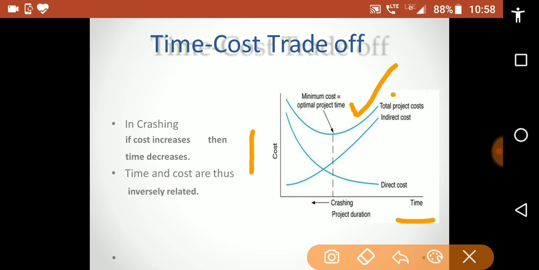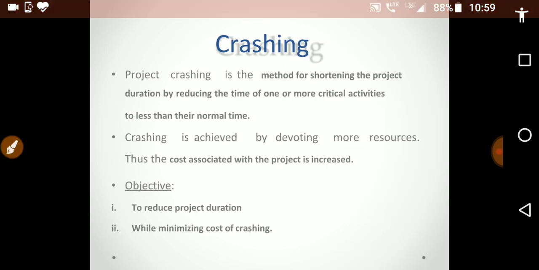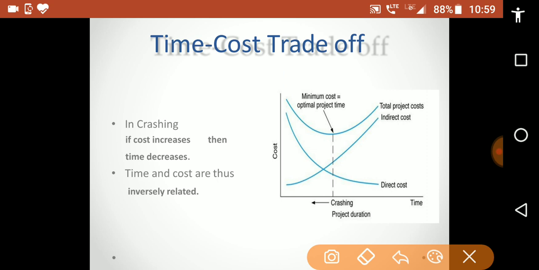This is the indirect cost and this is the direct cost. Here this is the minimum cost and this is the optimum project time. So this is the crashing. This is the crashing project duration.